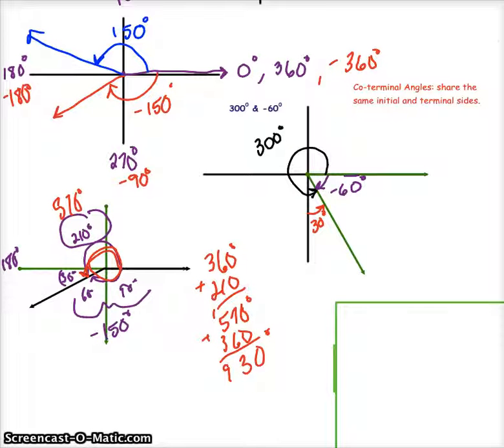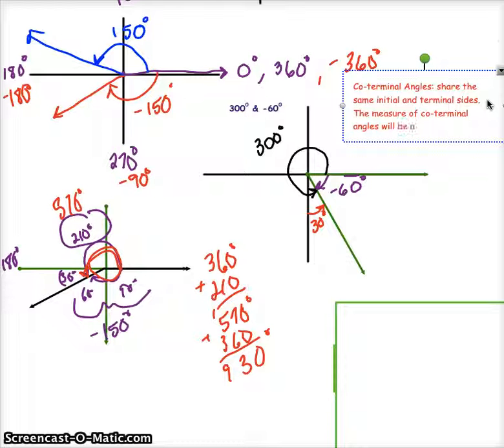So an additional concept that you need to understand about coterminal angles is that the measures of coterminal angles will be a multiple of 360 degrees apart. And that's important to note.